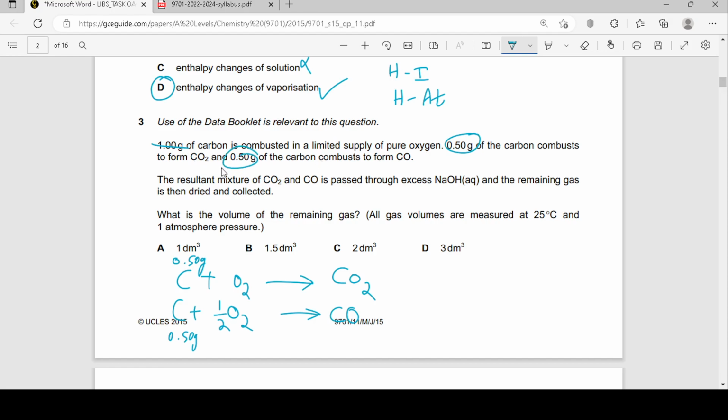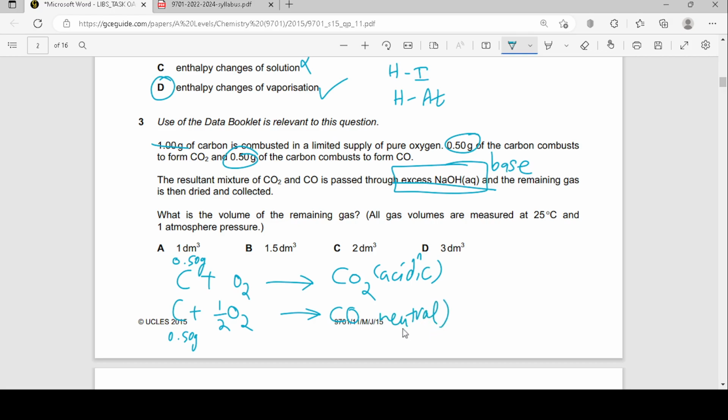The resultant mixture of CO2 and CO is passed through excess NaOH, and the remaining gas is collected and dried. NaOH, we know that it's a base, right? And CO2 is an acidic gas, so it will react with NaOH. But CO is a neutral gas.